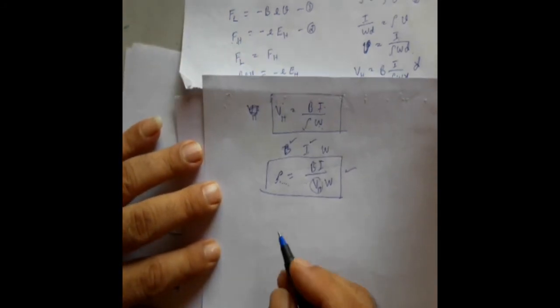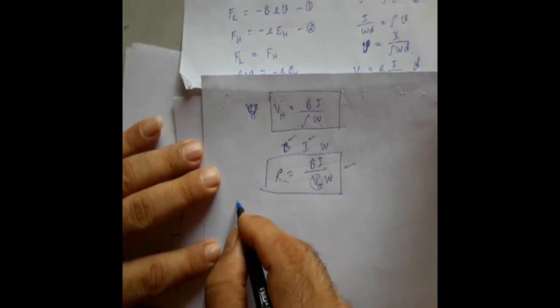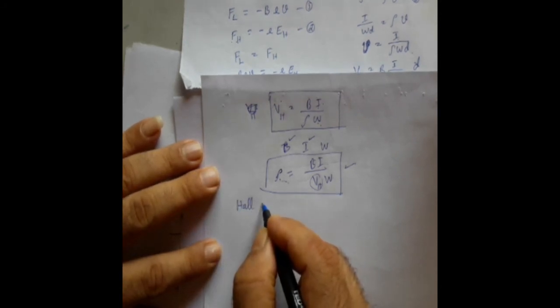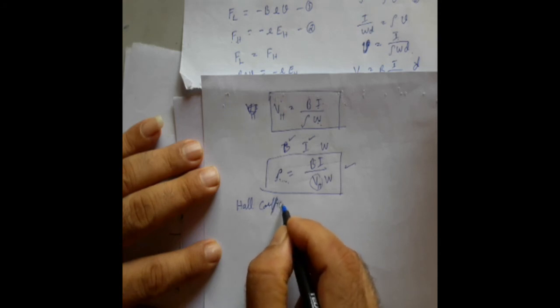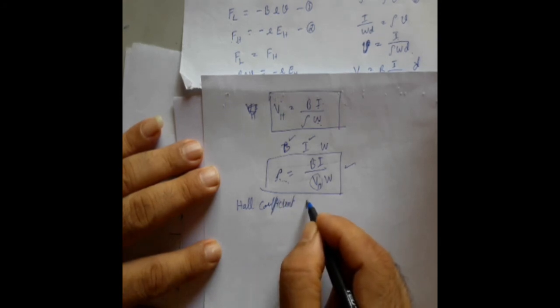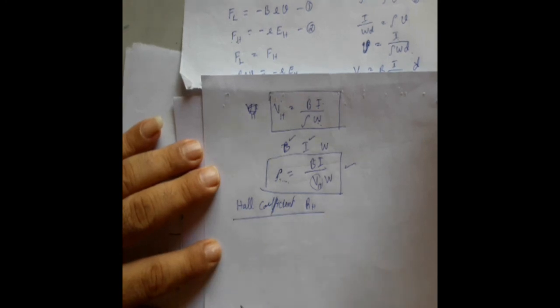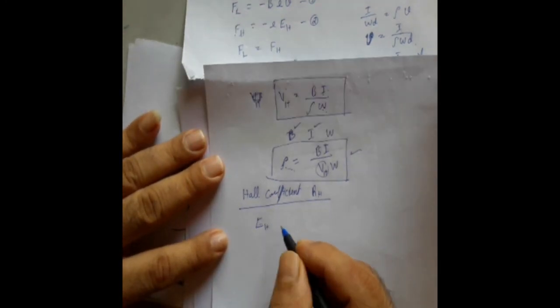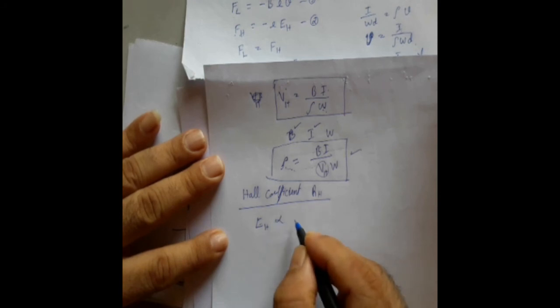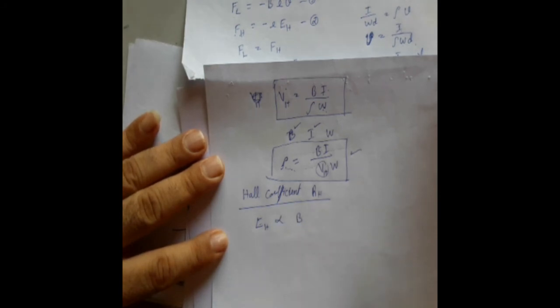However, let us see a new coefficient, which is called the Hall coefficient, represented as R_H. Between the two ends of the conductor, the electric field is directly proportional to the magnetic field, because the more the magnetic field, the more charges are created, and it also depends on the current density.